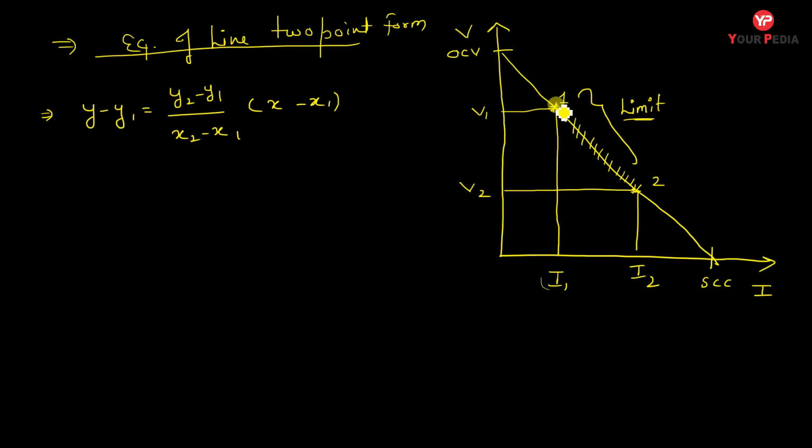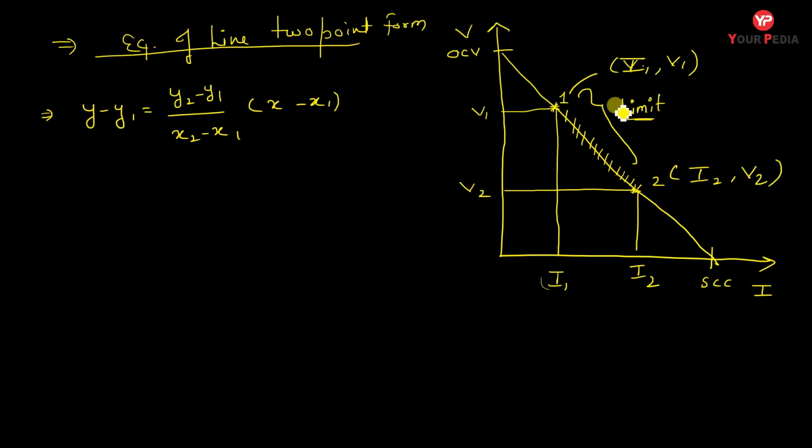Here also 2 points are given: at one point current is I1 and voltage is V1, and at the other current is I2 and voltage is V2.